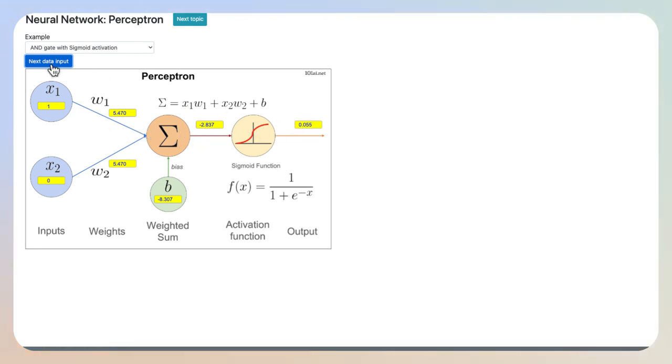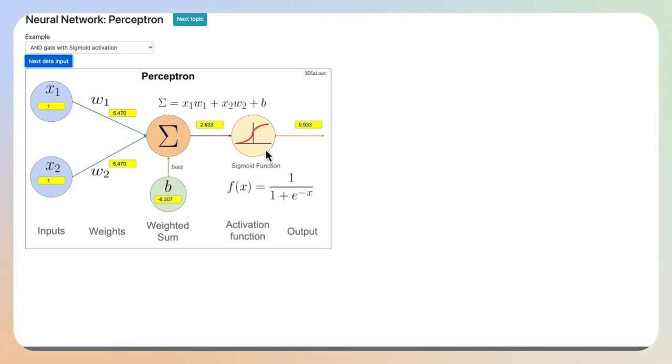The next input produces the same output. Finally, for inputs 1 and 1, the sigmoid input is a positive number and falls in the linear exponent range, and therefore produces the output as 0.933.